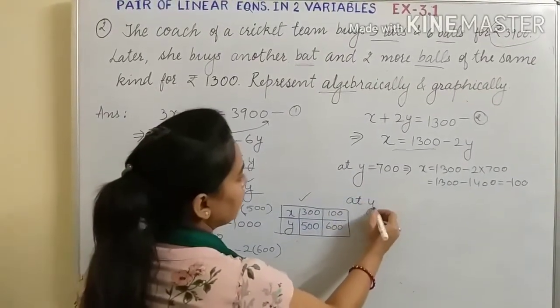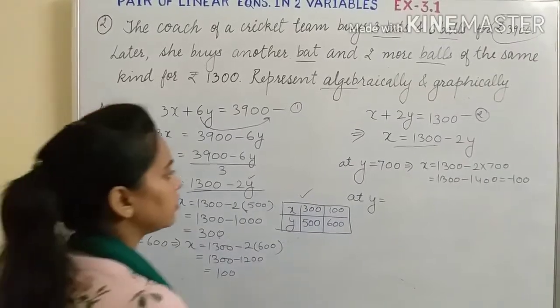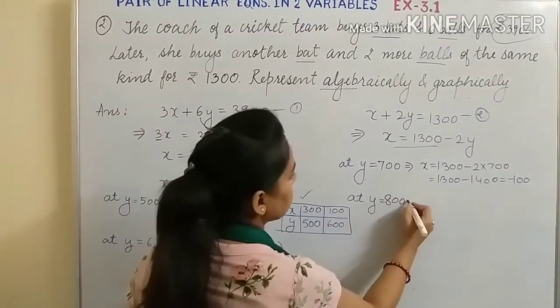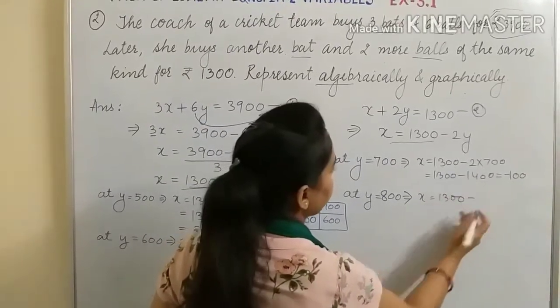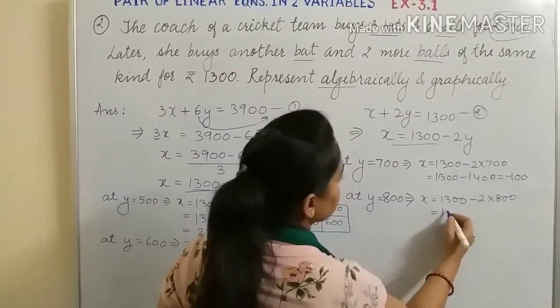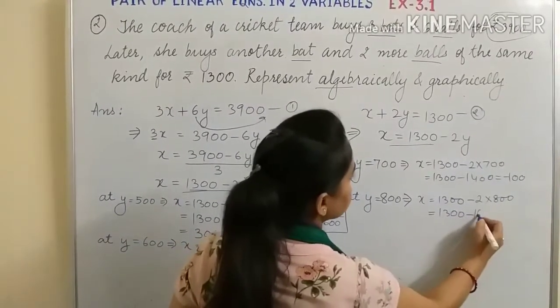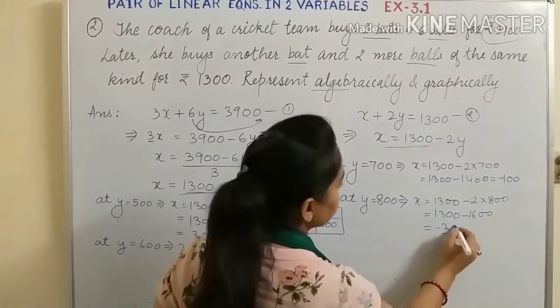Now at y equal to, let's take 800. x is equal to 1300 minus 2 into 800, 1300 minus 1600. It comes out to be minus 300.